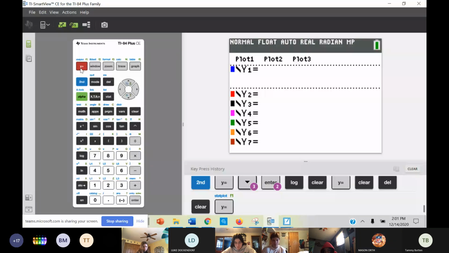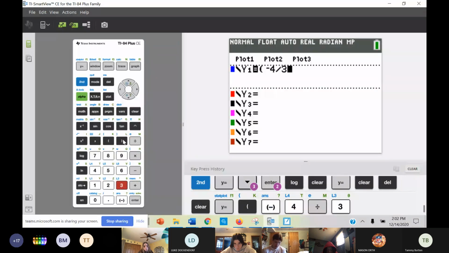Okay, so now what we want to do is put in our equation in slope-intercept form. Our first equation is -4/3 x. Because it's a negative fraction, we have to put that in parentheses. So we're going to go to our parenthesis, then -4 divided by 3 is our fraction, and we have to do another parenthesis.